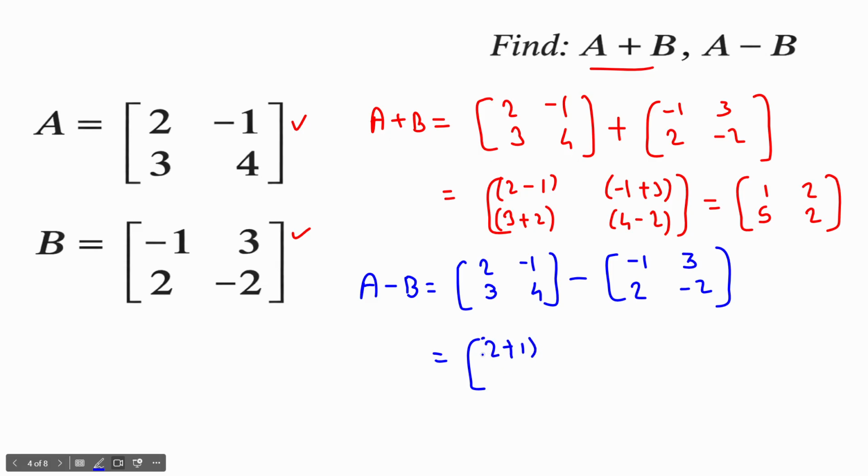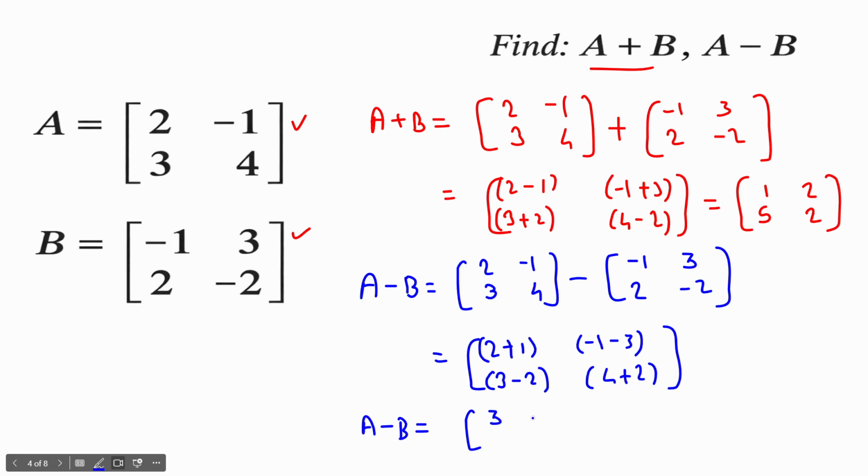So minus will become plus 1. Then minus 1 minus 3, subtract the second from the second element, then 3 minus 2, and finally 4 minus will become plus 2. Okay, and A minus B matrix is equal to, you will get 2 plus 1 3.